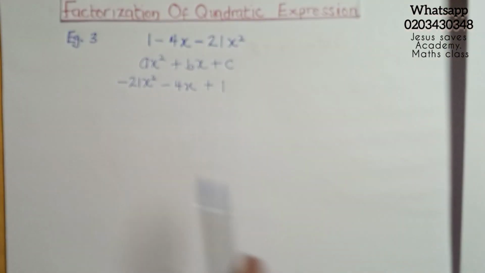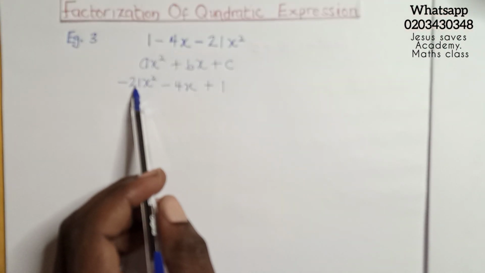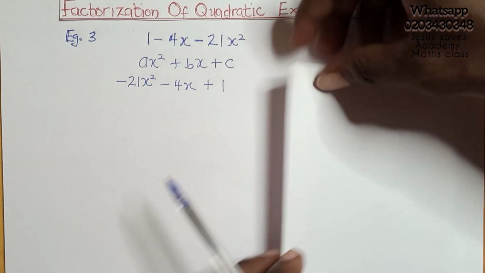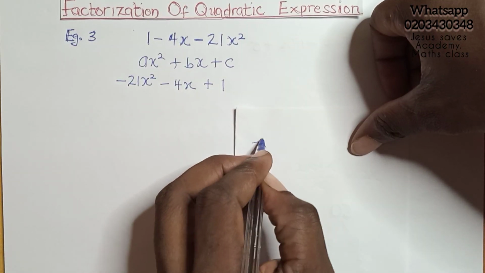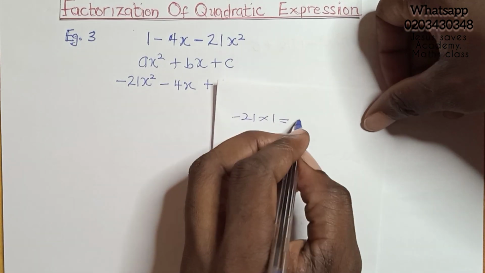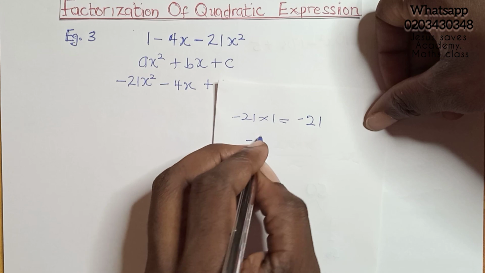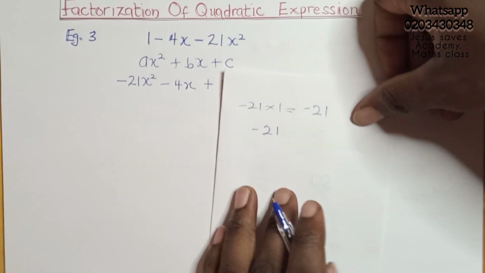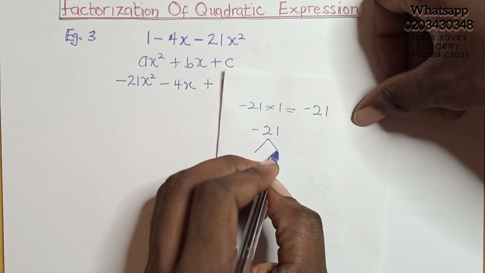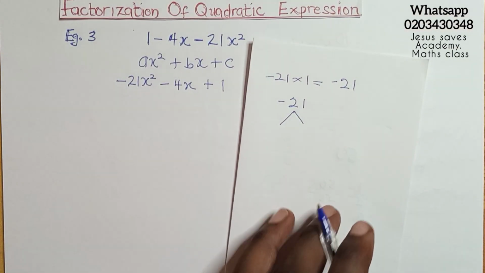But now the coefficient of x squared is negative 21, so we use the negative 21 to multiply the 1. Negative 21 times 1 is negative 21. So we are going to find the numbers which can divide negative 21 without a remainder.